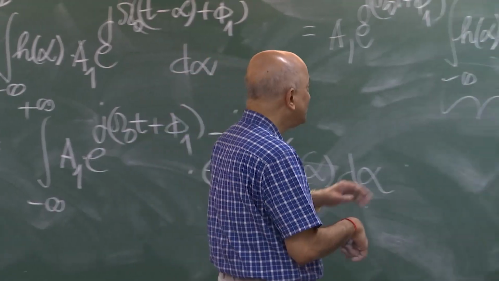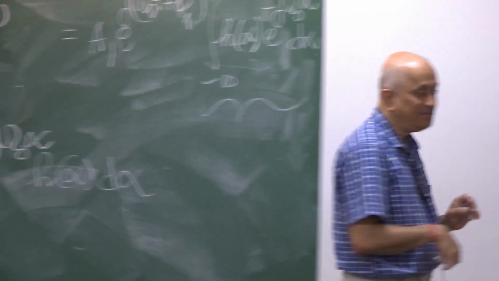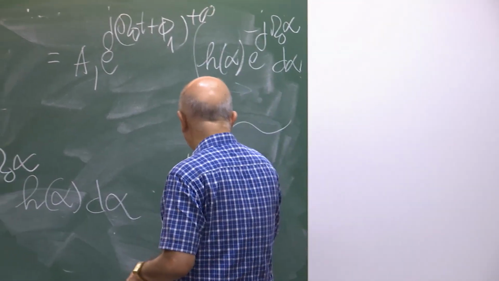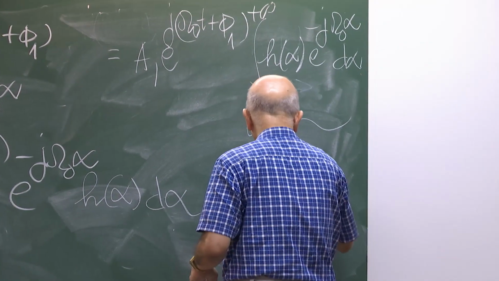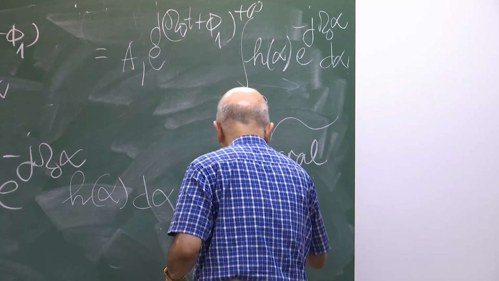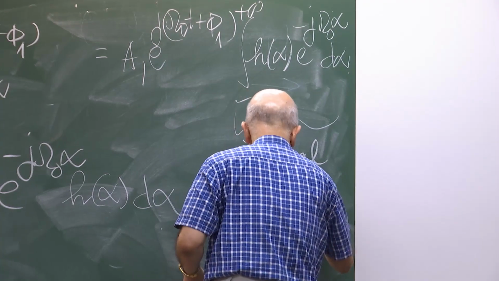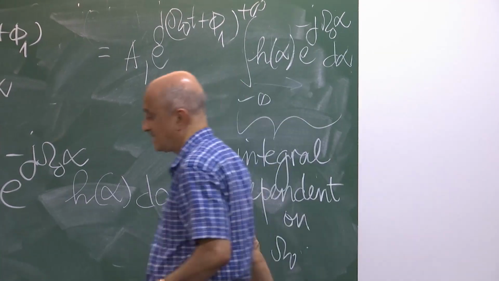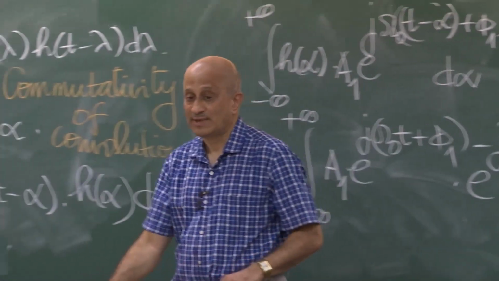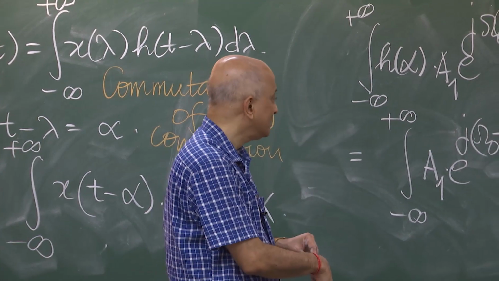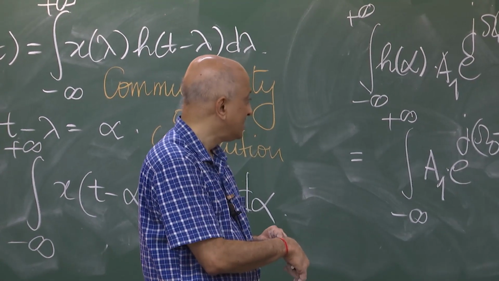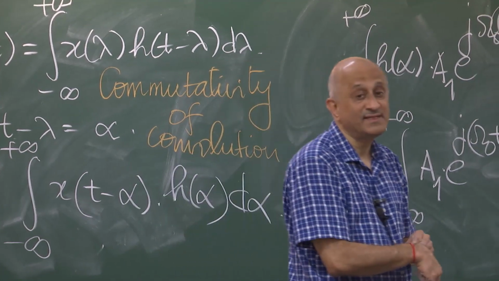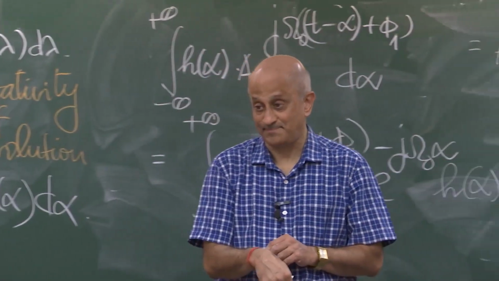Yeah. So, here, if you look at this integral, it is dependent only on omega naught, the angular frequency, right? Now, let us also interpret this integral in a slightly different way.